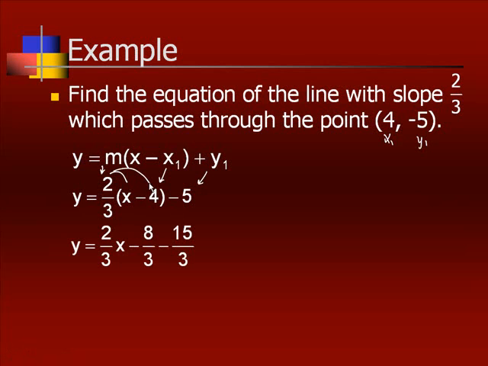Distribute the 2/3, so 2/3 times x and 2/3 times -4. Combining like terms, so we've got -8/3 minus 5, which would give us -15/3, which would give us a total equation of y equals 2/3 x minus 23/3.